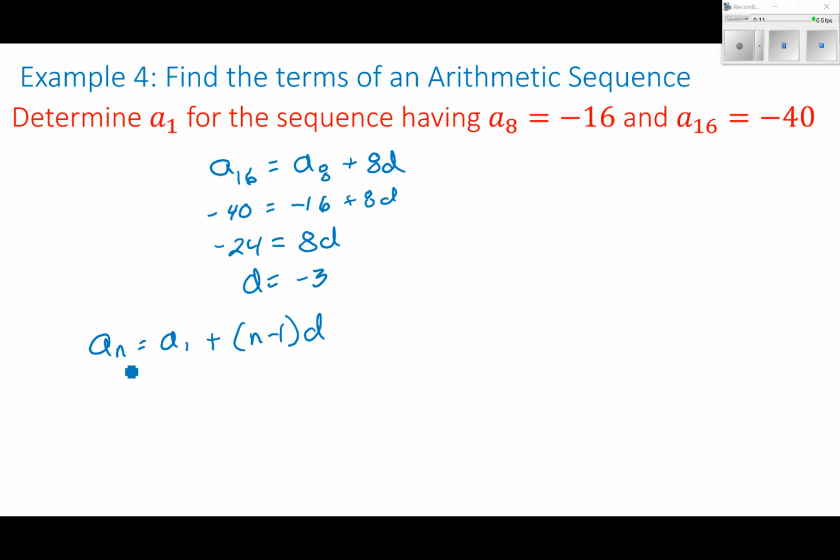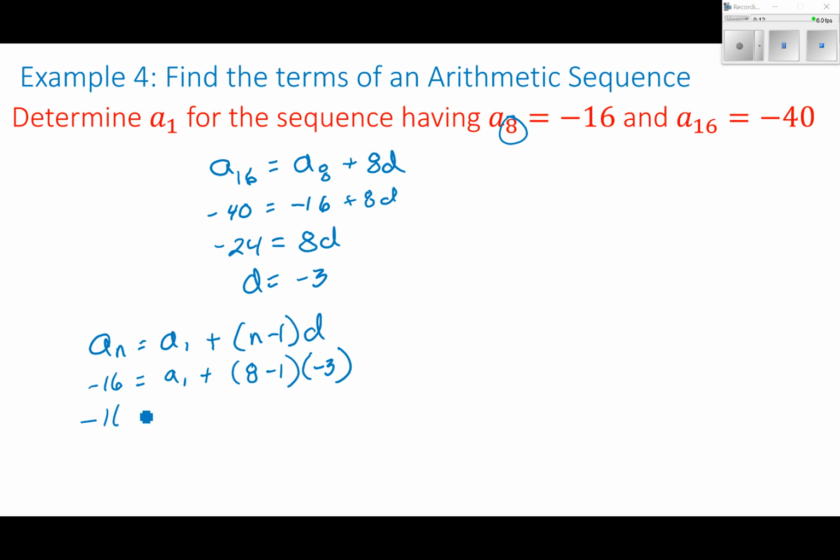So a sub n, I'm going to say, well, that's really the one that I know. That's a negative 16. A sub 1 I don't know, plus 8 minus 1, because my n again was my 8th value, my 8th term. My common difference I found was negative 3. So now I have only one unknown, that a sub 1.